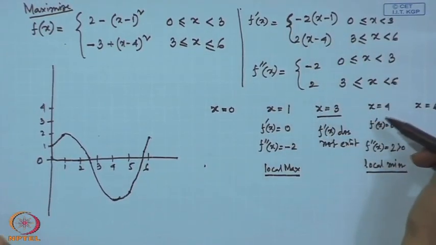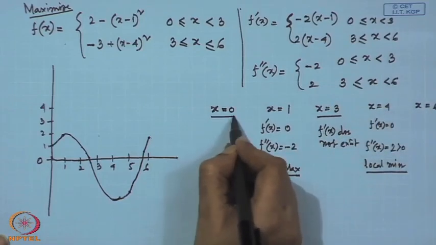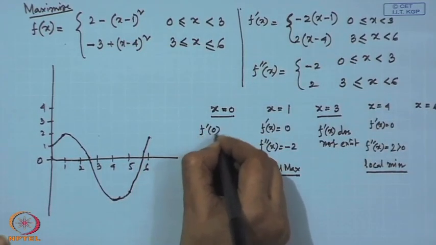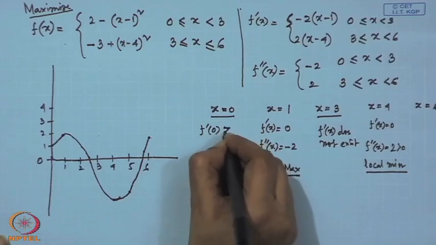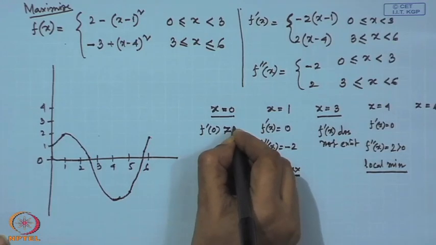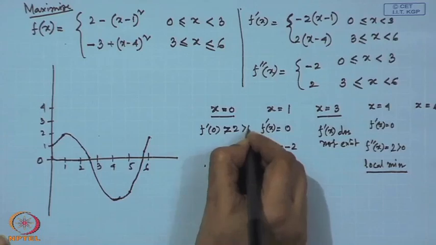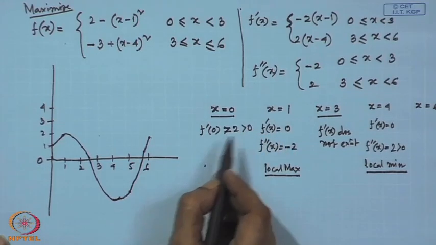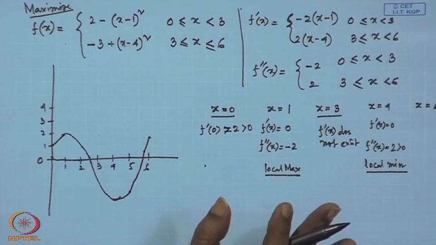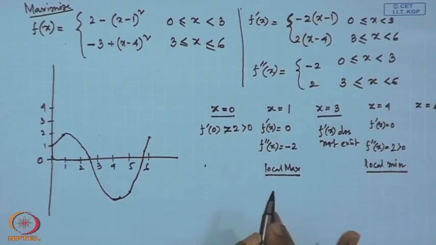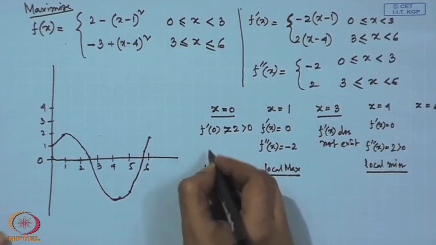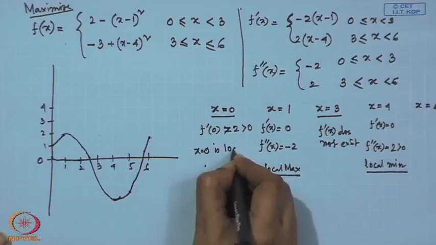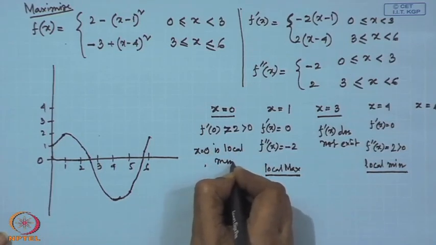For x equal to 0, f dot 0 is equal to 2, which is greater than 0. The classical optimization technique tells us, through the necessary condition, that x equal to 0 is not a possible extreme point, but it is very clear that x equal to 0 is the local minimum point for us.